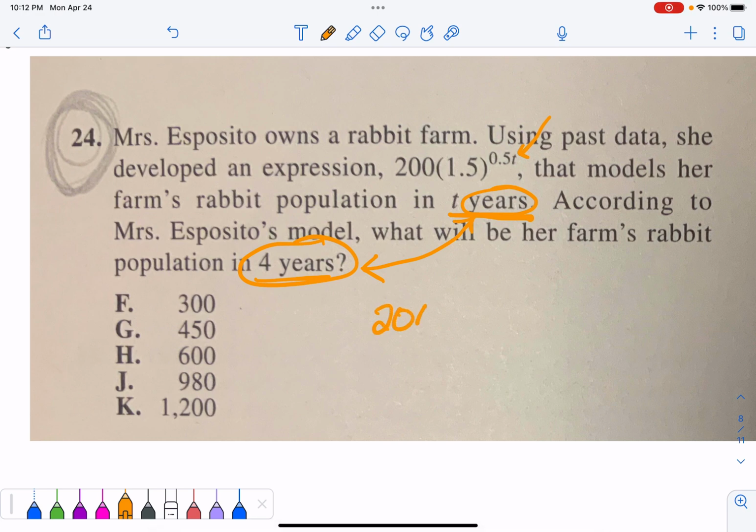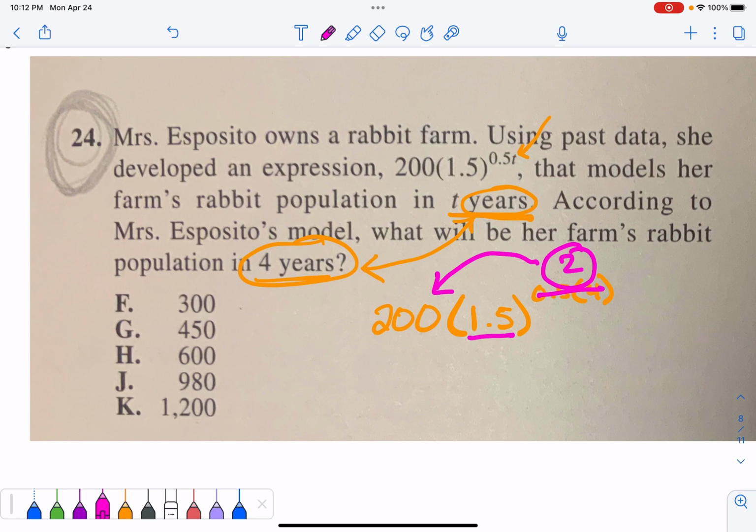So 200 times 1.5 to the 0.5 times 4, okay? 0.5 times 4 is 2. So I can take 1.5 to the second power and then take that times 200. That's the order you're going to want to type it in, unless you have a decent calculator and you can type it in all at one shot, that is totally fine.